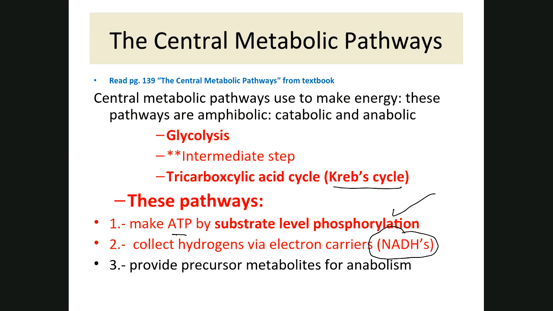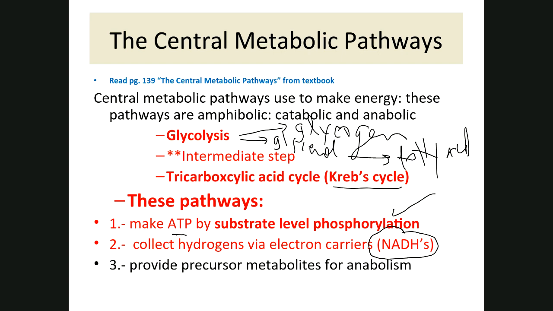So glycolysis, for example, provides precursor metabolites to make more complex carbohydrates, like glycogen. It also provides the precursor metabolites to make glycerol, to later make fatty acids. The Krebs cycle provides the precursors to make amino acids, to make proteins.